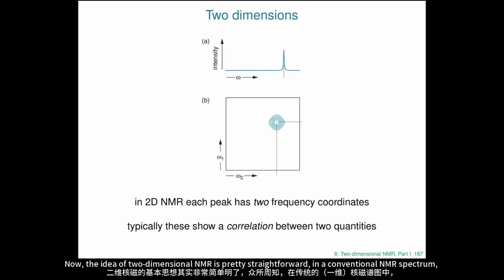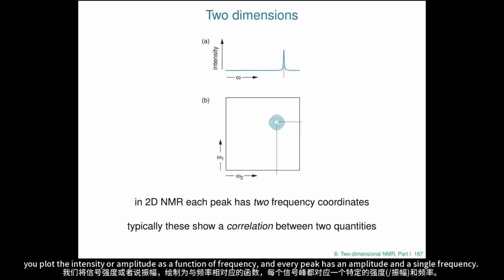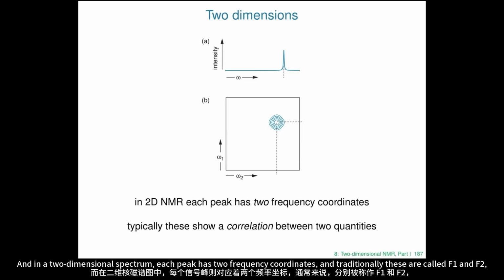Now, the idea of two-dimensional NMR is pretty straightforward. In a conventional NMR spectrum, you plot intensity or amplitude as a function of frequency, and every peak has an amplitude and a single frequency. And in a two-dimensional spectrum, each peak has two frequency coordinates, and traditionally these are called F1 and F2.